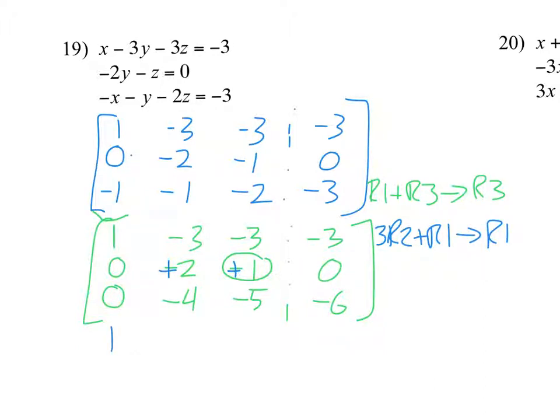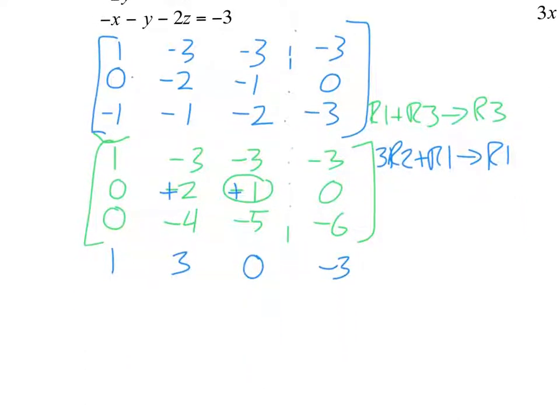So that's 1, and then 3 row 2 is going to be 6 minus 3 is 3, and then that's going to be 0 and -3. I might also say that 5 row 2 plus row 3 is going to become row 3.